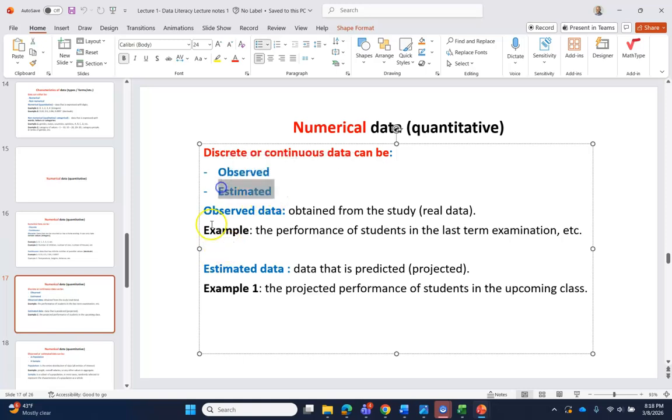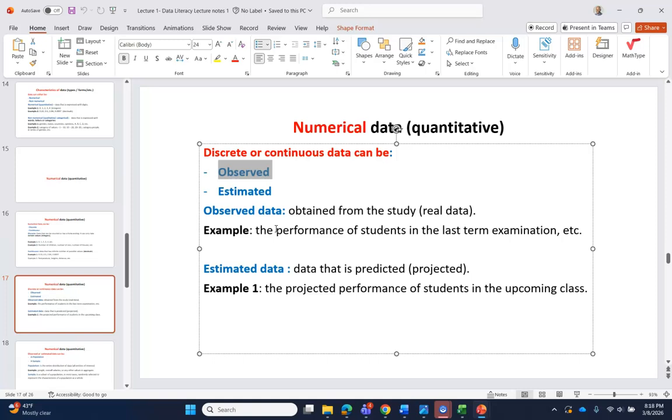Observed data is the data which you can have, the real data. For instance, if you're looking at the performance of students in the exam, that is observed data. Or if you're looking at the number of students in class, that's actually observed data.